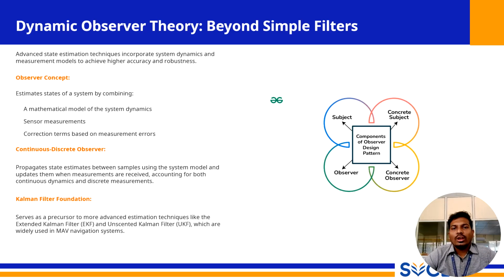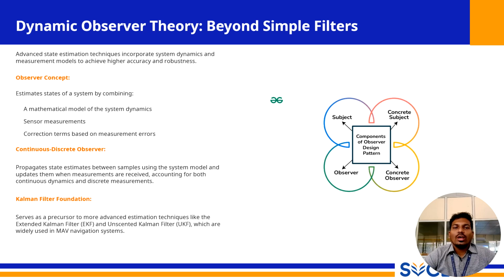It then updates the estimate when a measurement is received. This hybrid approach effectively accounts for both continuous dynamics and discrete measurements, which is perfectly matched for a physical system that moves continuously but is measured by digital sensors at discrete time intervals.